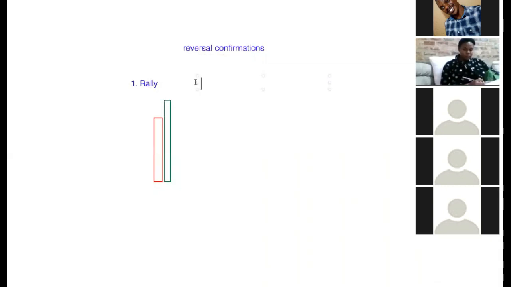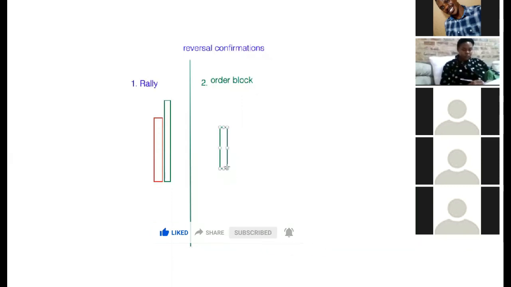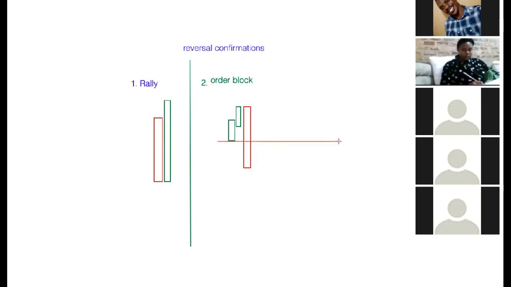Then second, the order block. This is called order block here. 2 candles, so this is a bearish one.